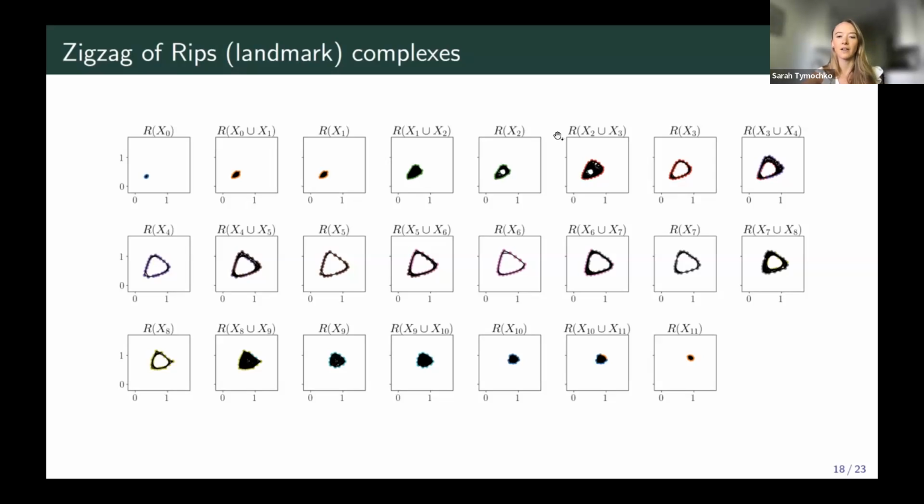And here we can see that we're picking up what we would pick up visually with our eyes, where we see a circular feature appearing around X2. Moving through, that circular feature still persists, up until the union in between X8 and X9.